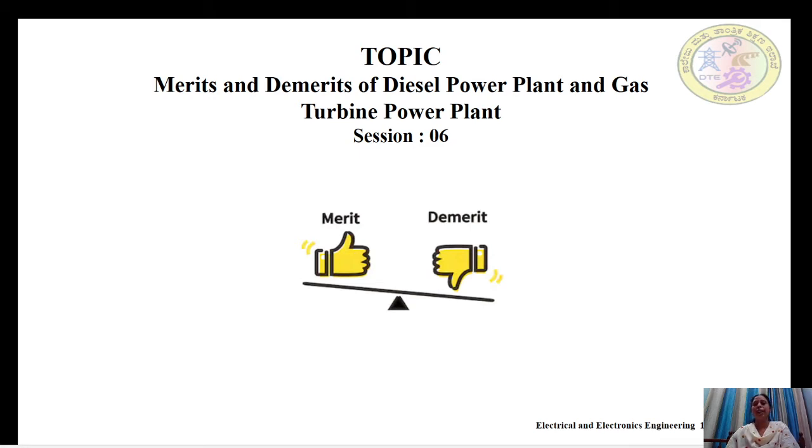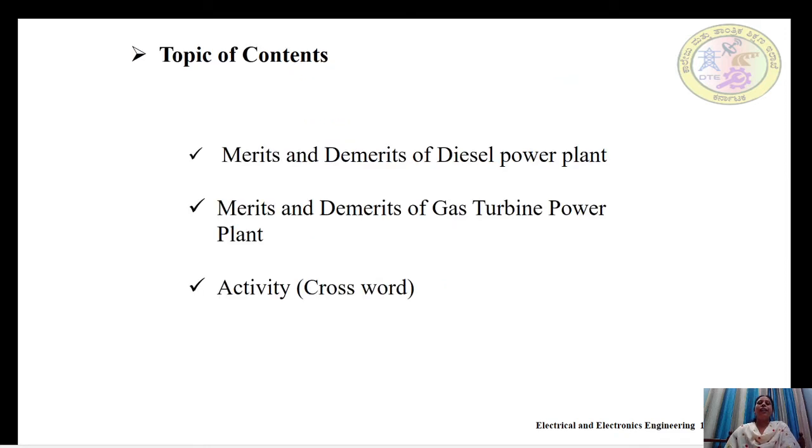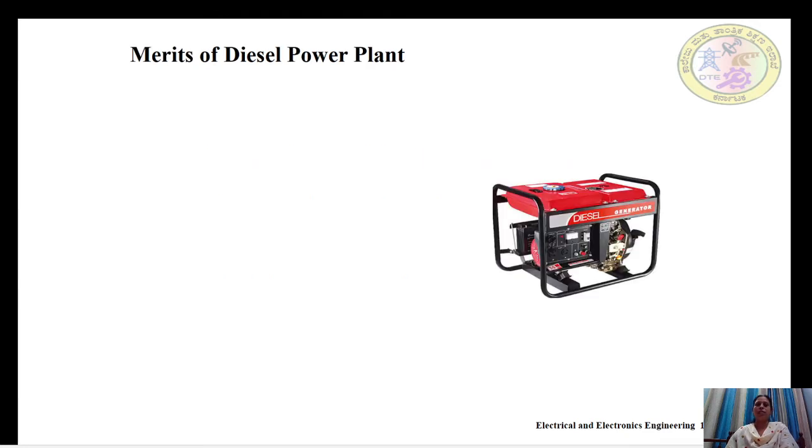The contents of today's topic are merits and demerits of diesel power plant, merits and demerits of gas turbine power plant, and an activity. In the activity, I have chosen a crossword. You and I together will solve these crosswords.